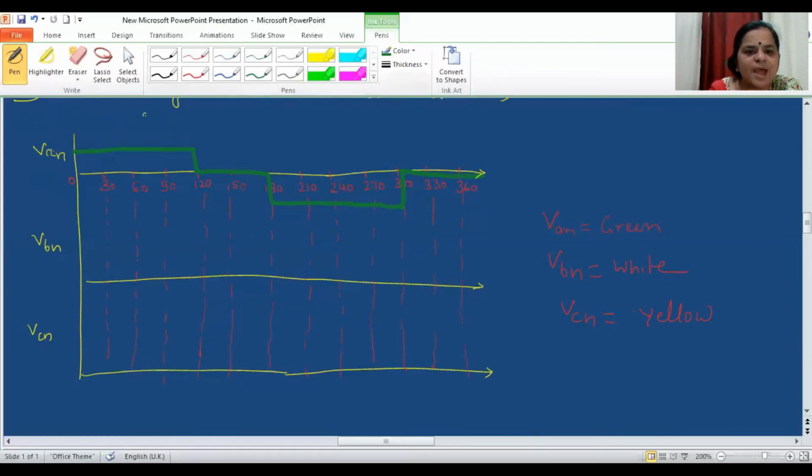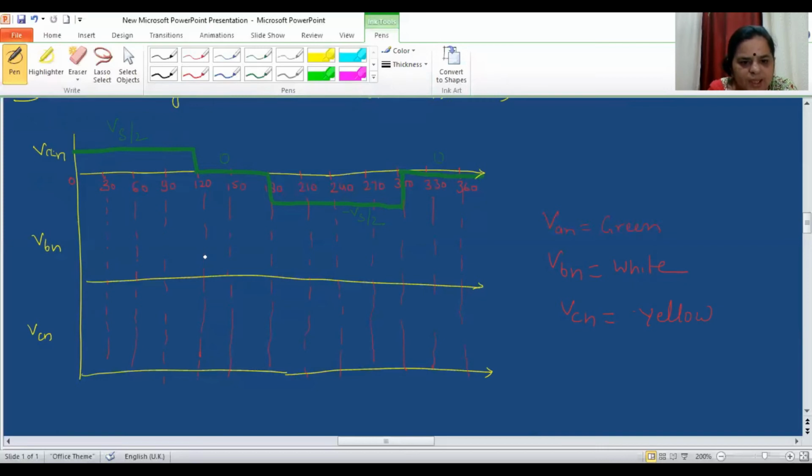So what is this value? This value is Vs by 2. This value is 0, and this value is minus Vs by 2, and again 0. Now this is for VAN. Now the next is VBN.